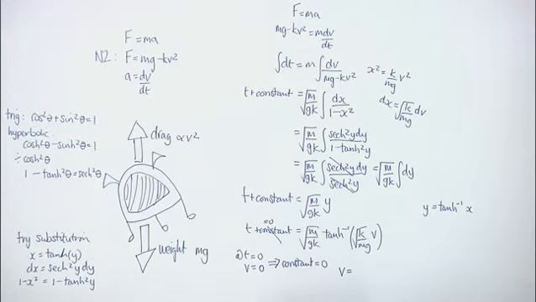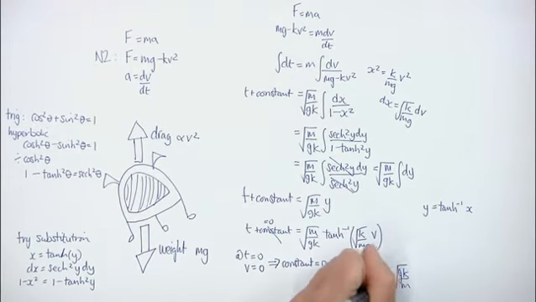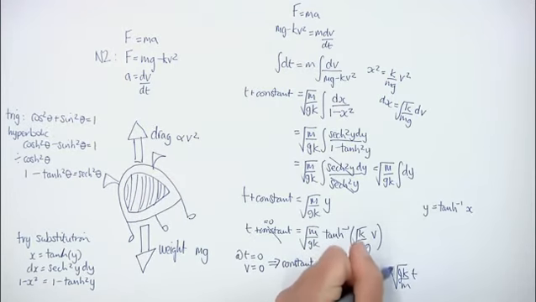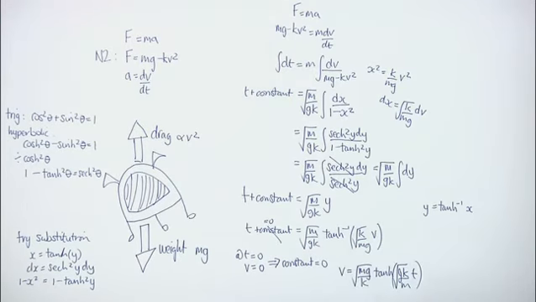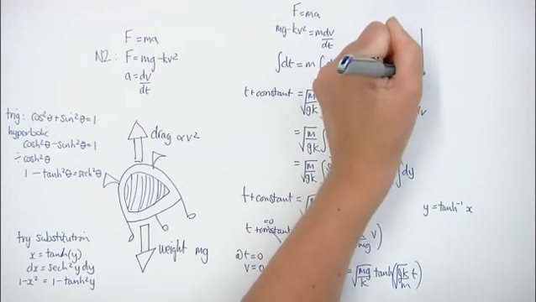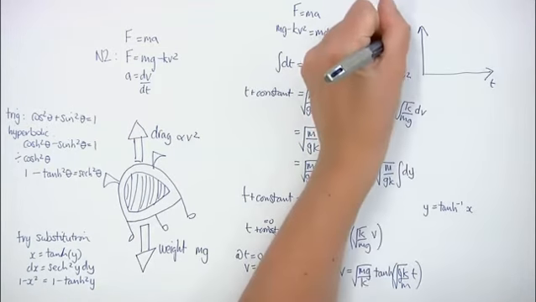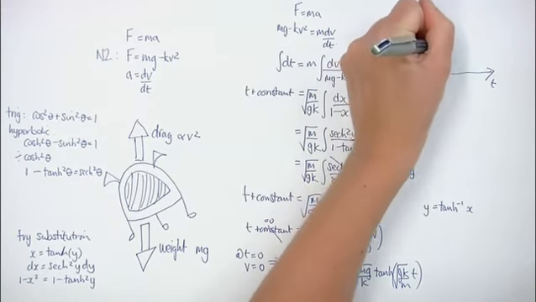So v is equal to the square root of mg over k times the hyperbolic tangent of the square root of gk over m times t. And we can draw that, and it looks like this.